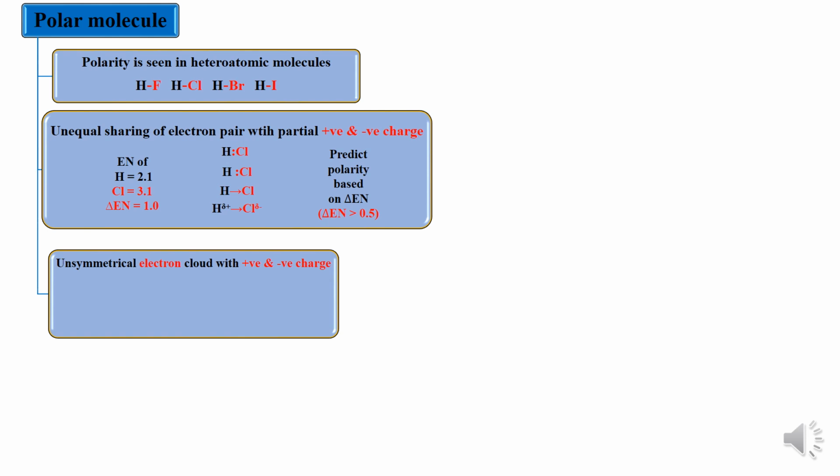As an outcome of this, you will find an unsymmetrical electron cloud with partial positive and partial negative charge. You will find polarization of the electron cloud where the electron density is more towards the more electronegative atom, in this case the chlorine atom.